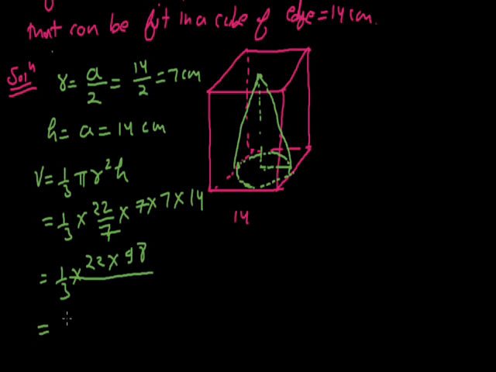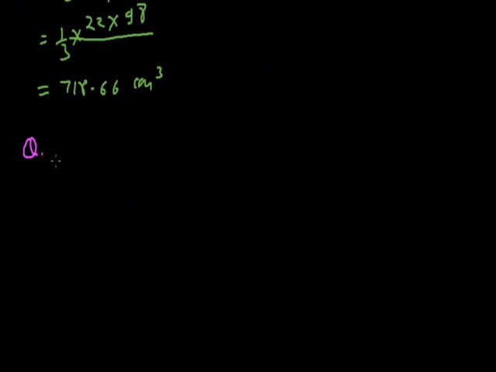So 22 into 98 divided by 3, and we are getting 718.66 centimeter cubic. So this is the volume of the largest cone that can be fit in a cube of side 14. Now we move to the next question.